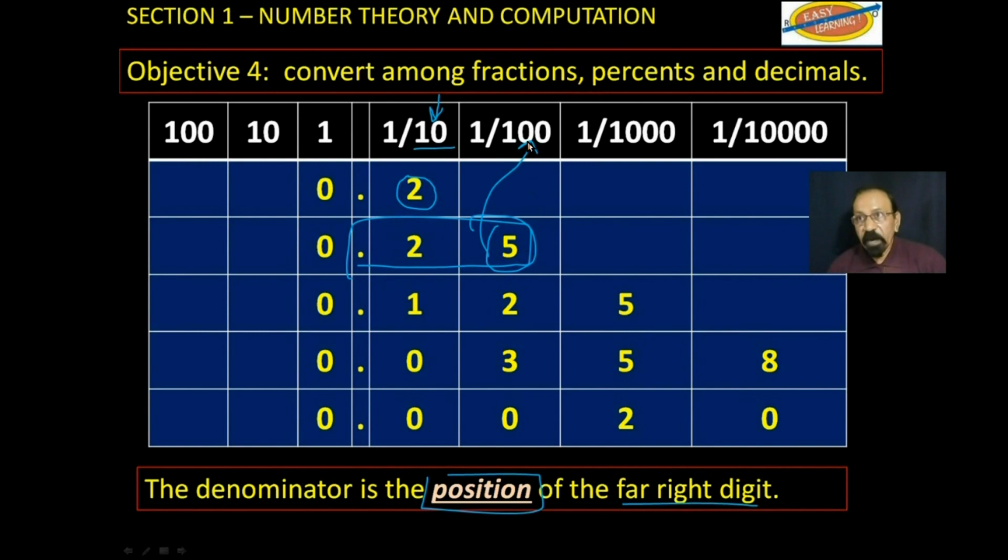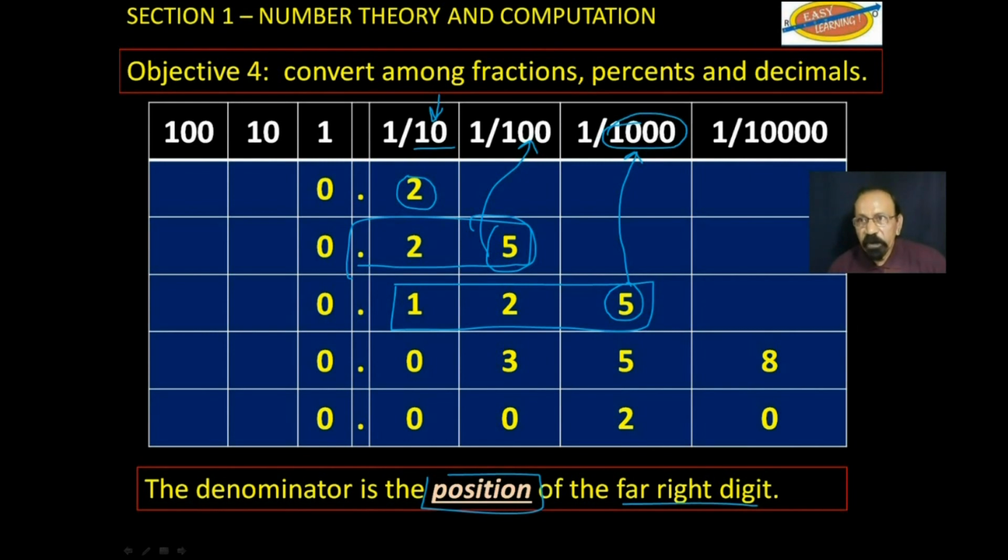So it will be 25 over 100. And of course, if you have 0.125, this far right digit is now in the thousandths position. So if you are going to express 0.125 as a fraction, it will be 125 over 1,000.